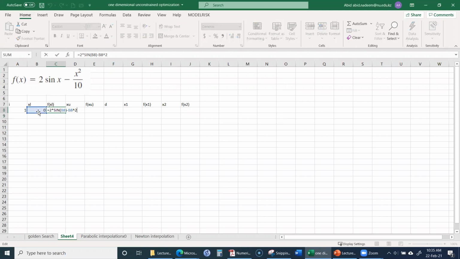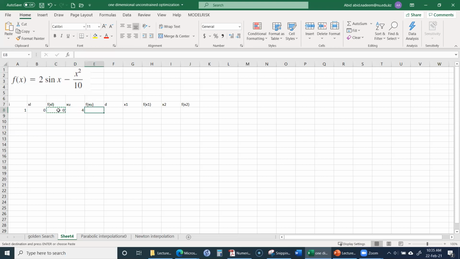I think I need to divide by 10. So it is 0. Now, since I have set up this value for this x naught, I can copy it over here. This will be the value at f of XU. Then Ctrl+V.